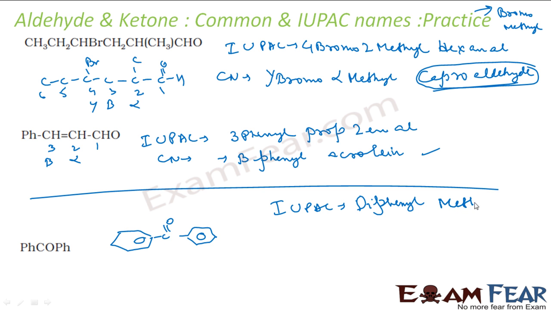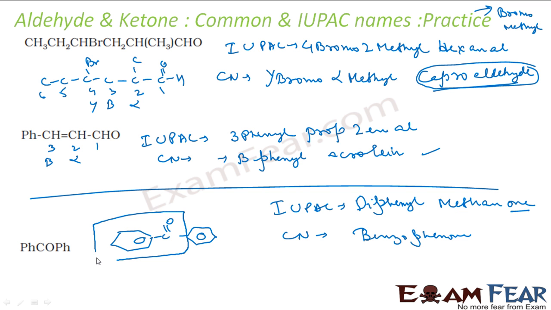It's a ketone, all single bonds, and ketone, so it is diphenylmethanone. Let's write the common name. The common name for this is benzophenone. I think we have seen this. We have told that if there is a phenyl group attached, this is called phenone, and there is a benzo group, so this is benzophenone.